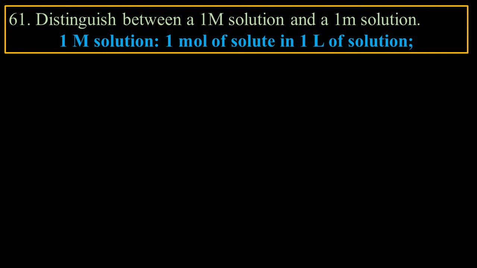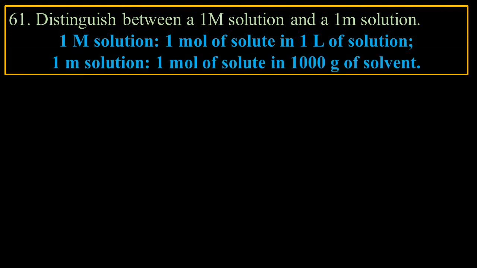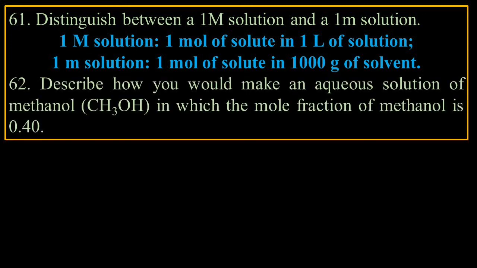A 1 molar solution is 1 mole of solute in 1 liter of solution, and a 1 molal solution is 1 mole of solute in 1,000 grams or 1 kilogram of solvent. Okay, so 1 molar is 1 mole of solute in 1 liter of solution, and 1 molal is 1 mole of solute in 1,000 grams of solvent.